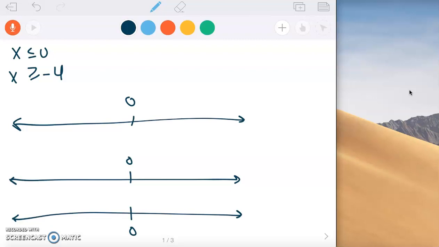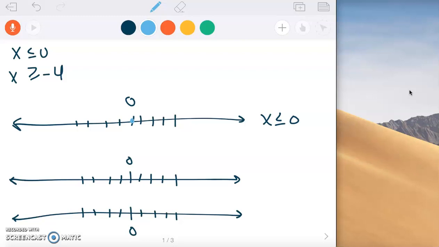So we know that we have 0 and -4. The other numbers are not as important because they're not part of the inequalities. First we're going to look at x is less than or equal to 0.